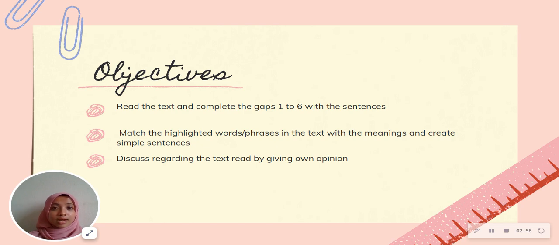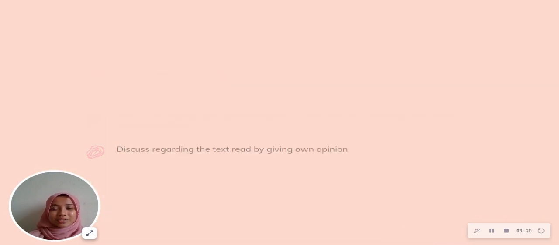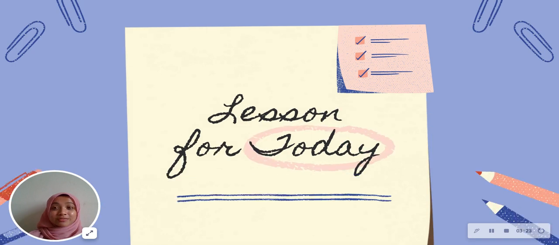We will use a different platform for this activity, so I hope you can join together for this class. The last objective is to discuss the text you read by giving your own opinion. This is the worksheet that I will give you, so you have to do this. I want to hear your opinion regarding this. So, the lesson for today.